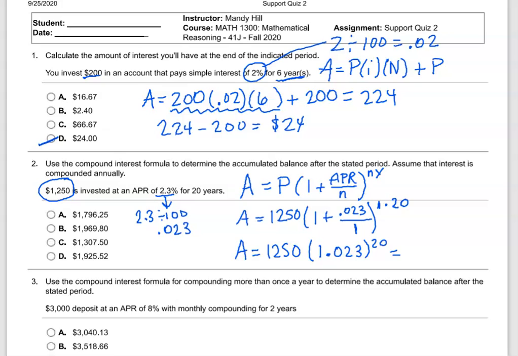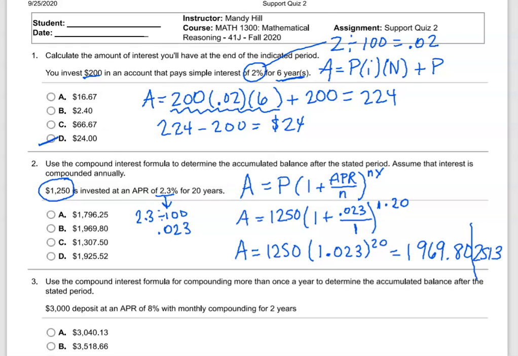I would say that once you conquer this formula, the hardest part is trying to get it typed in the calculator so that you're getting what you're supposed to be getting. And so what's on my screen is, after I typed it in, okay, but we know we're talking about money, so we're not going to go past the second decimal place because that wouldn't make sense.